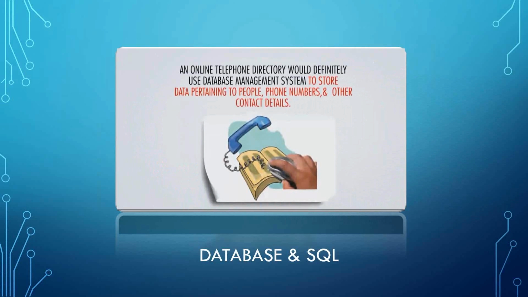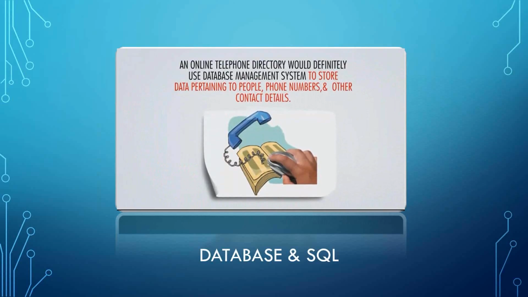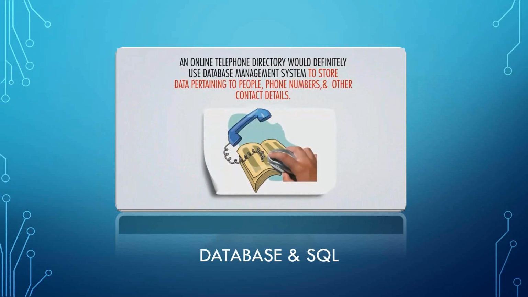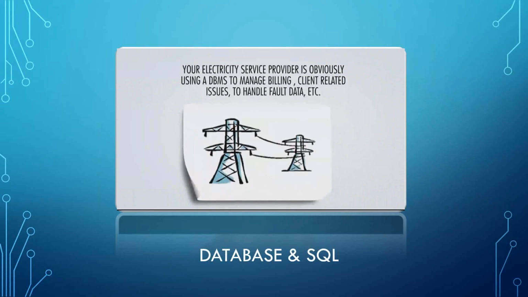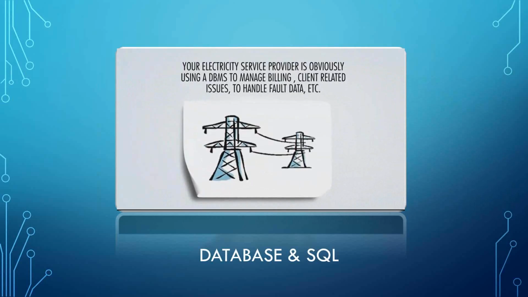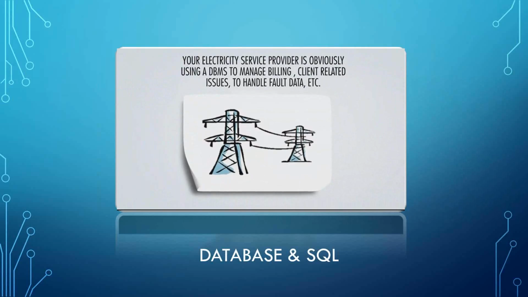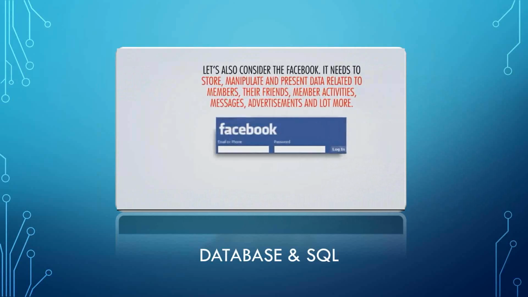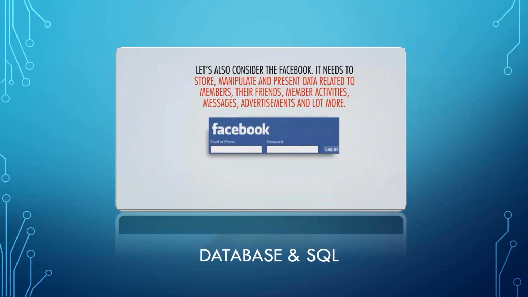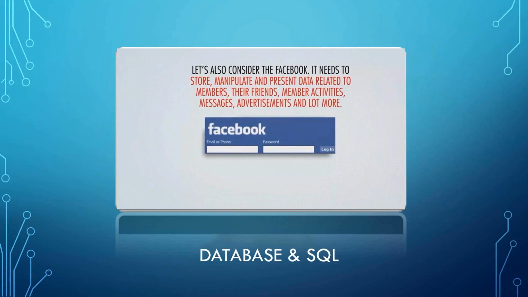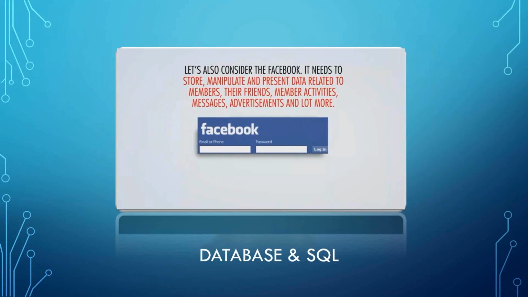Let's discuss a few examples. An online telephone directory would definitely use a Database Management System to store data pertaining to people, phone numbers, and other contact details. Your electricity service provider is obviously using a DBMS to manage billing, client-related issues, to handle fault data, etc. Let's consider Facebook. It needs to store, manipulate, and present data related to members, their friends, member activities, messages, advertisements, and a lot more.